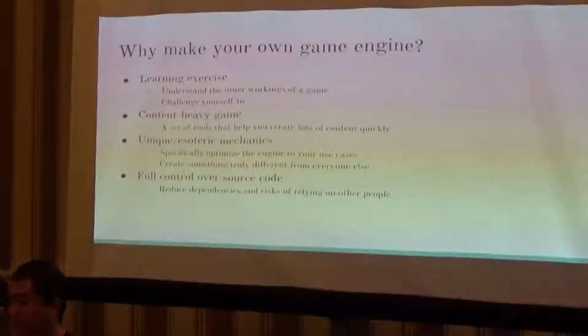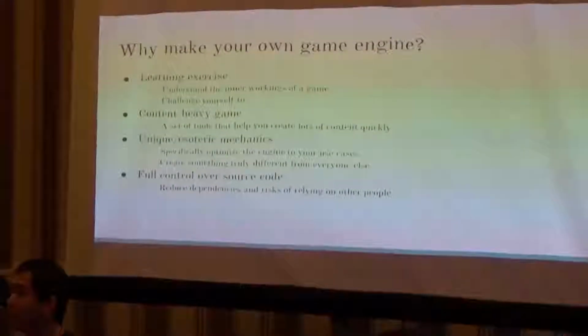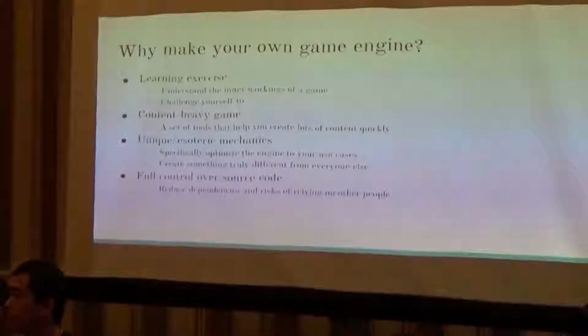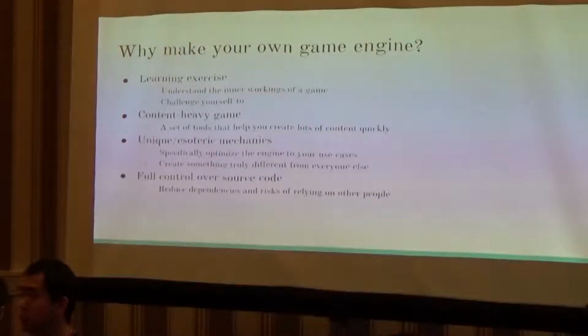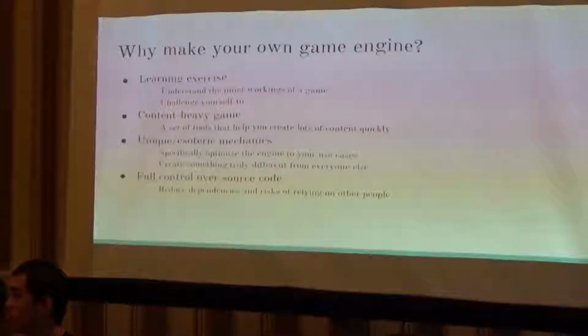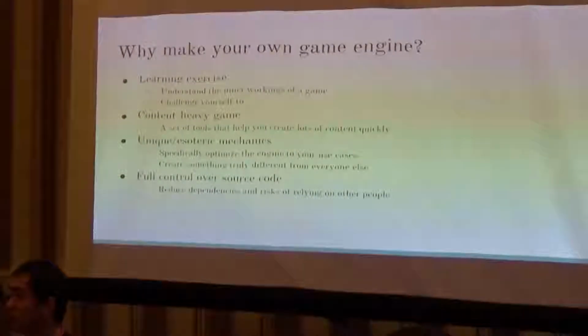This last one is kind of a technical, nerdy thing, but I think it's really important, which is having full control over the source code of the engine. We talk about Unreal and Unity and stuff like that. Those are really huge, multi-million-dollar companies, and they don't want to give you access to the source code of those engines.